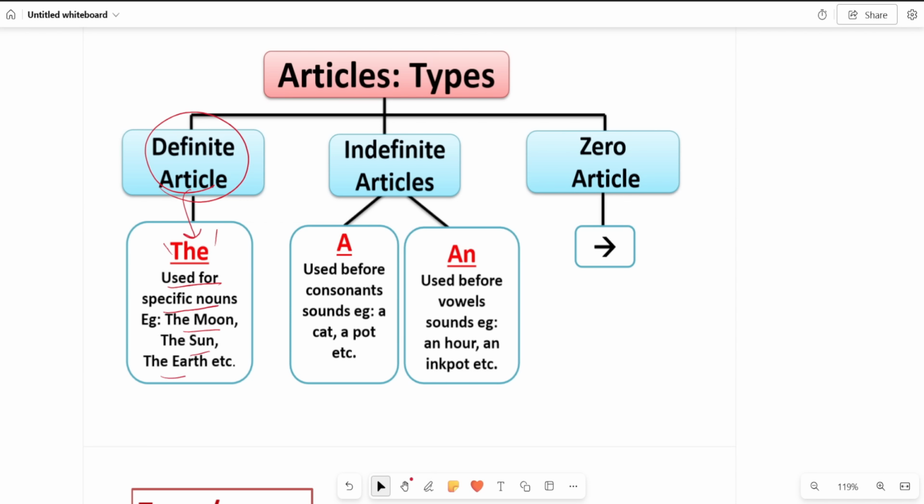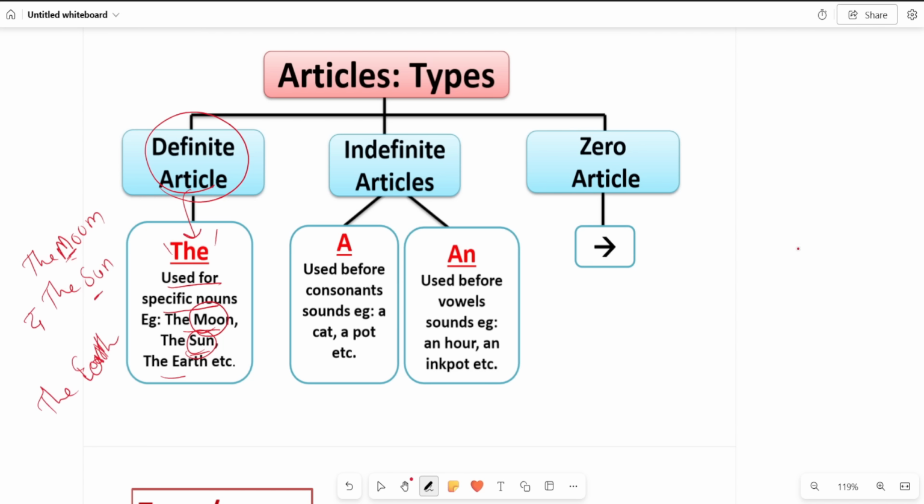Now let's clear something here. When we say the, whenever we have a consonant sound, for example here we have moon and sun, M and S, both are consonants, so we say the moon, right? But here we have a vowel sound after the, for example earth.